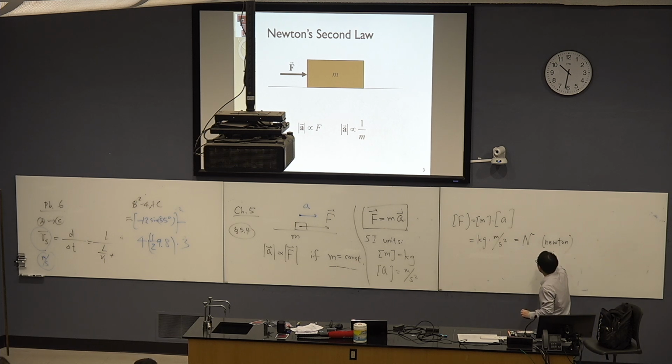We call the SI unit for force newtons, right? So 1 Newton equals 1 kilogram of mass multiplied by 1 meter per second square of acceleration. So that's the SI unit for Newton. Again, we don't use pound for most of the occasions from now on. Okay?